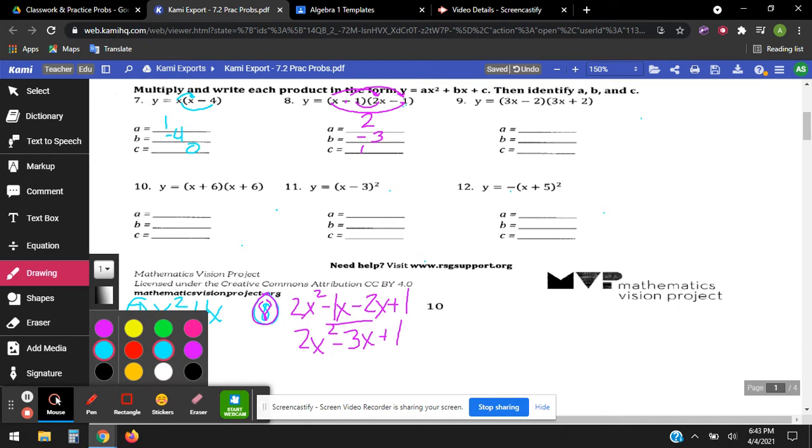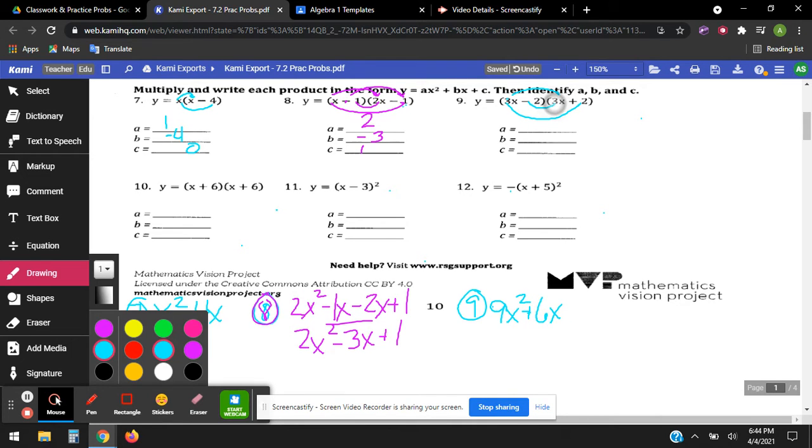So that gives me 2, negative 3, and then 1. All right, go back to my blue. Okay, so 9 we'll do over here. So 9, I'm going to do these guys again. So 3 times 3 is 9. X times x is x squared. 3x times 2 is 6x's.